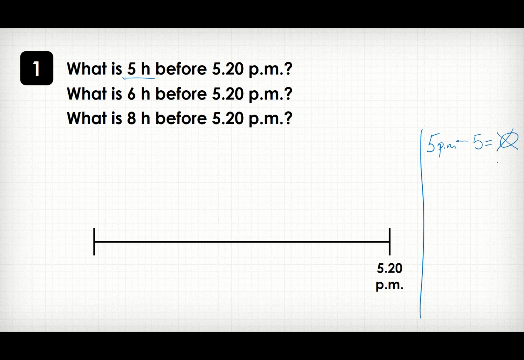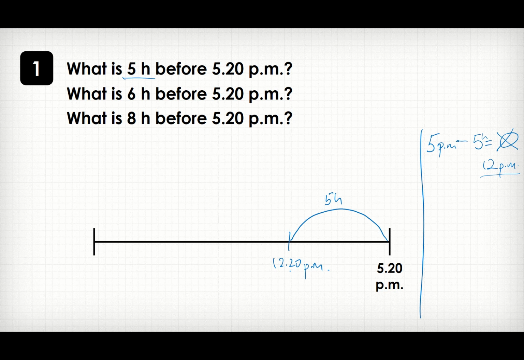But we don't write 0, it will be 12 p.m. So 5 hours before 5 p.m. will be 12 p.m. So 5:20 p.m., if I go back 5 hours, that will be 12:20 p.m.